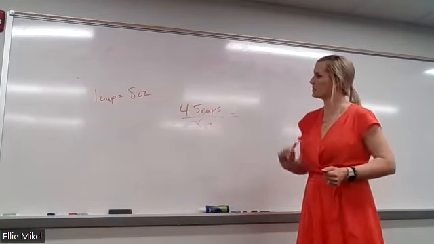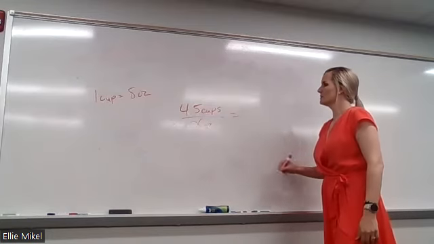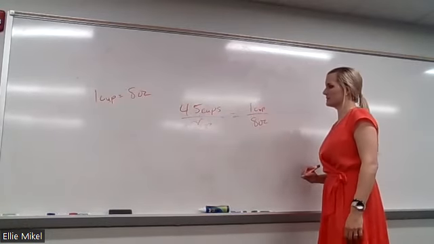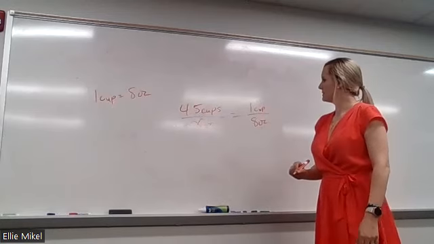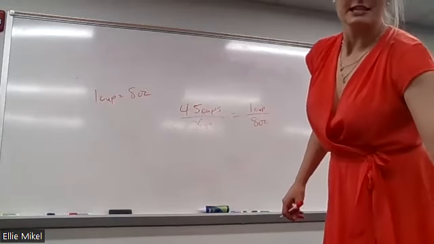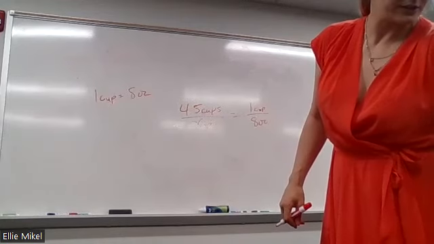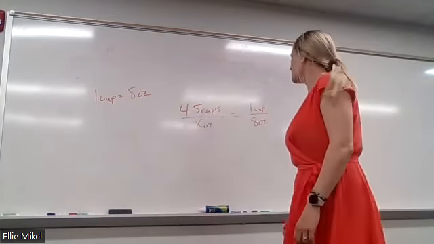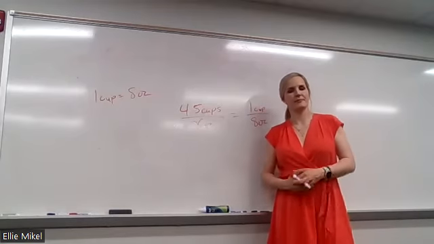Well, remember, my relationship for cups to ounces is right there. So 1 cup is equivalent to 8 ounces. So to figure out what that is in ounces, I'm simply going to take 4.5 times 8. What is 4.5 times 8 exactly? 36. So we had 36 ounces today.